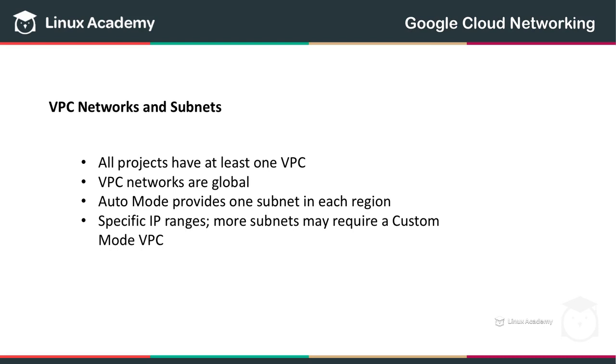The auto mode provides one subnet in each region. Specific IP ranges or more subnets may require a custom mode VPC. So with custom, you can specify more than one subnet in a region, or you can choose alternative IP ranges. So those are the two major advantages of using custom.